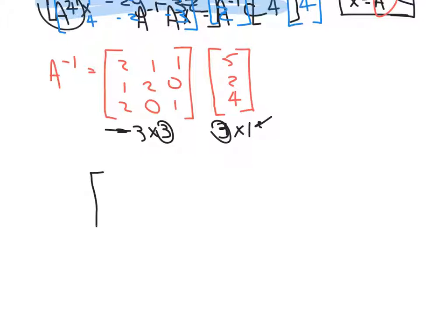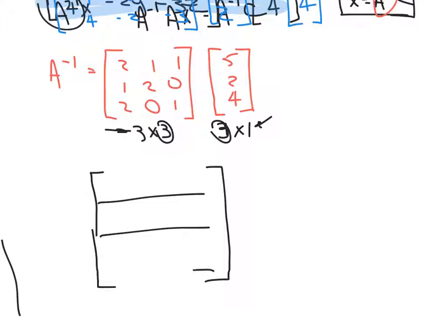So let's go ahead and do 3 rows, 1 column. Alright, so let's look at the first number. First row, first column. Or I guess I should say the only column, right?